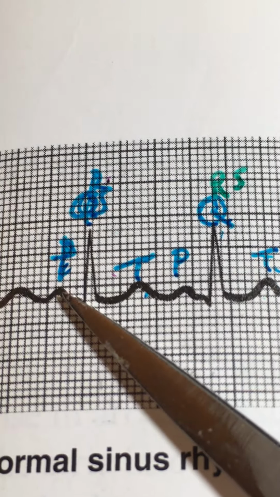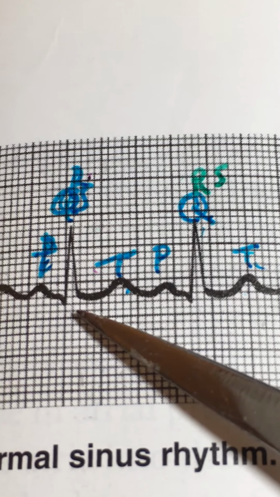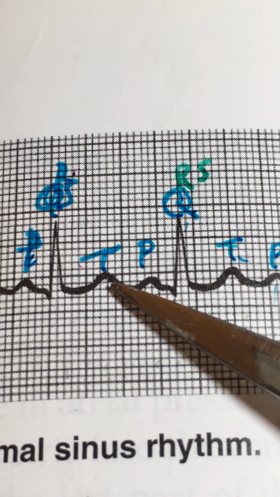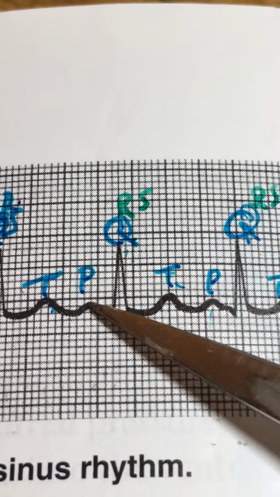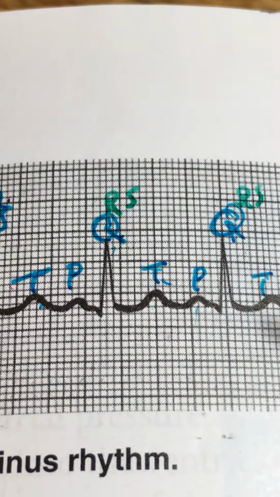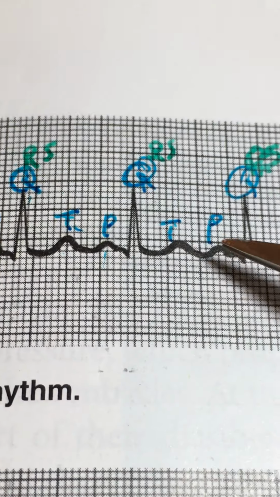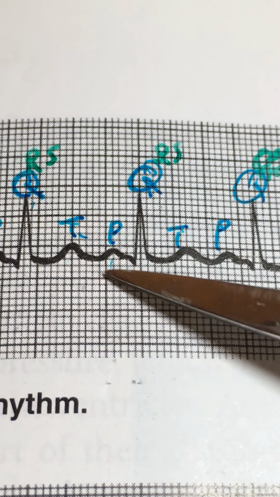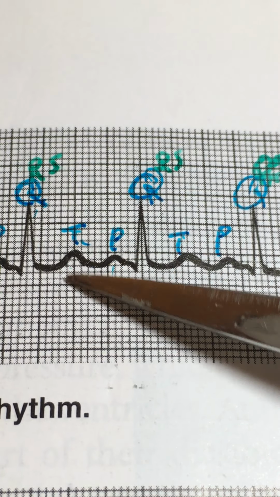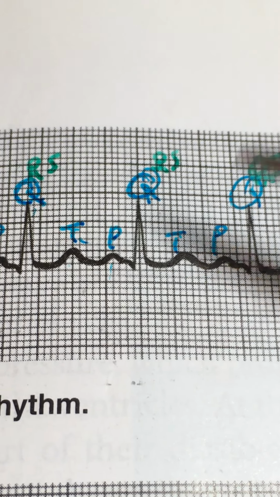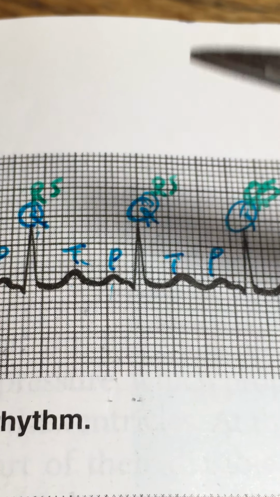Here we have a P wave and a QRS, T over here, followed by the next heartbeat. P, QRS, T, P, QRS, T. You can look at the relative heights of each of these waves, the T compared to the P. You can look at the distance between them. You can really get a sense of what's going on here in the normal pattern.